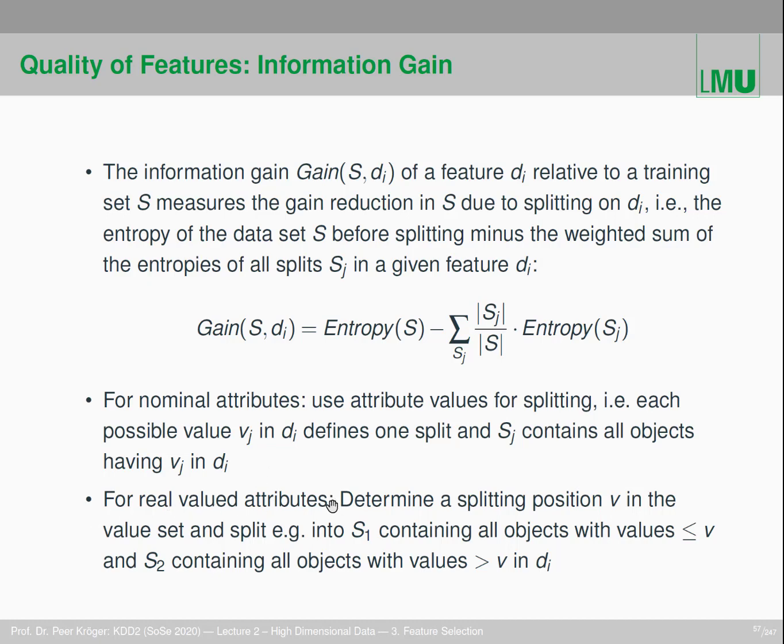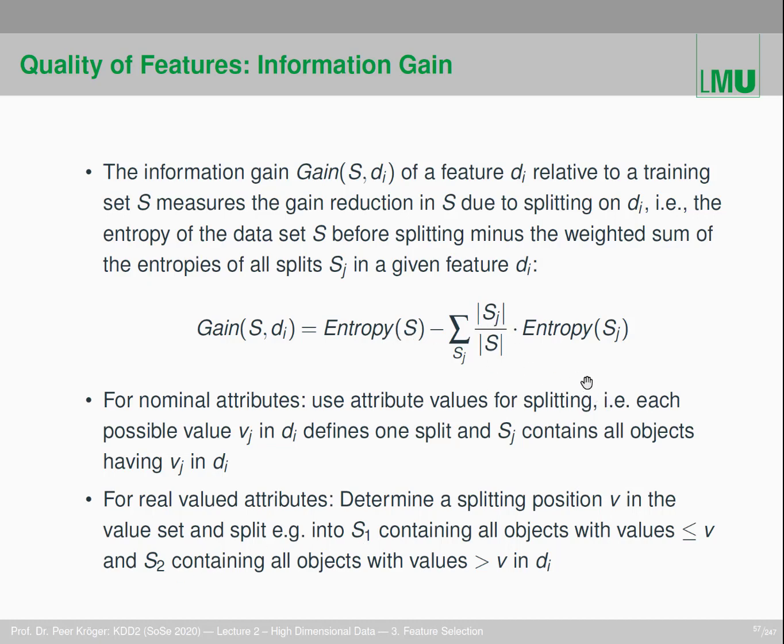For real valued attributes, you may have a possibly infinite number of values. So in that case, you determine the splitting position by setting a fixed value b, and then split into all objects having values smaller than this fixed value b, and all objects having values above that value in the corresponding attribute, of course. So you end up with 2 splits, S1 and S2.